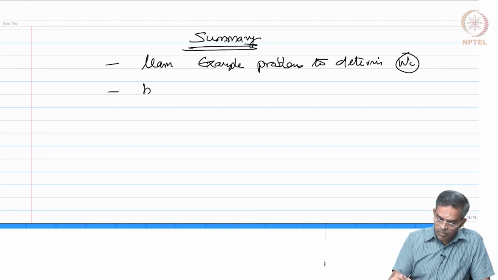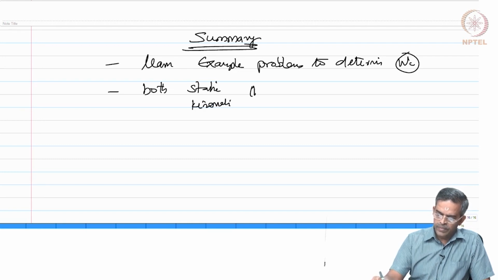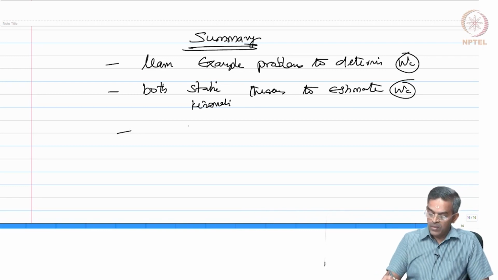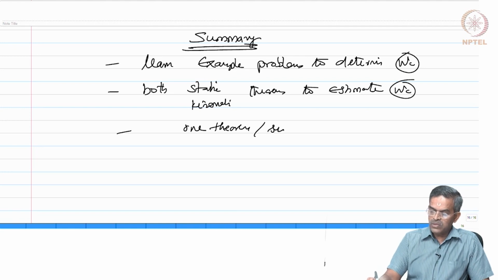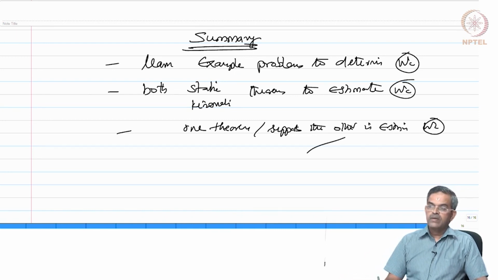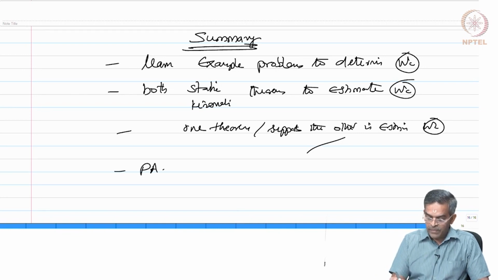We have used both static theorem and kinematic theorem to estimate WC. We have also seen examples where one theorem supports the other in estimating WC.